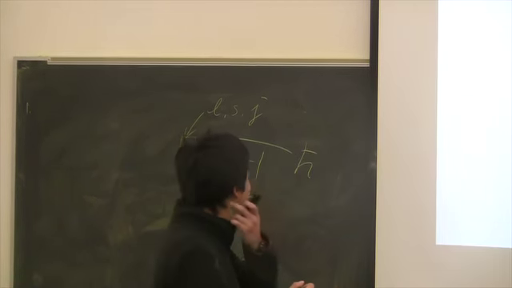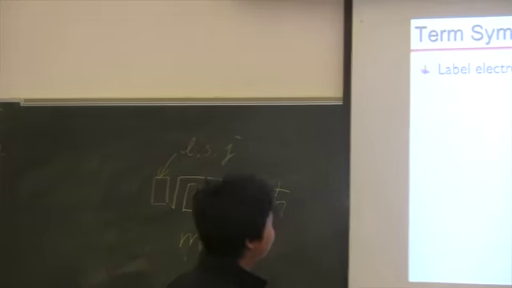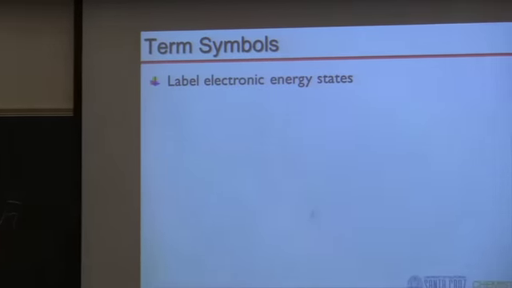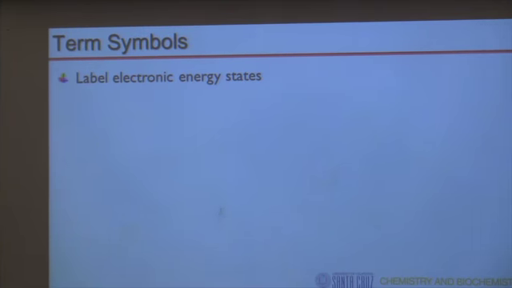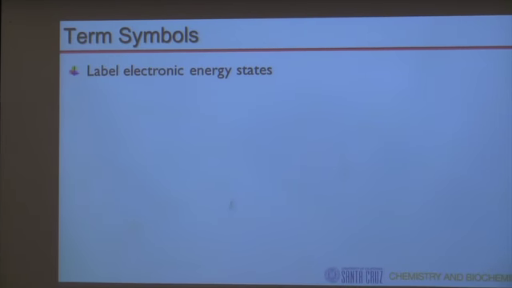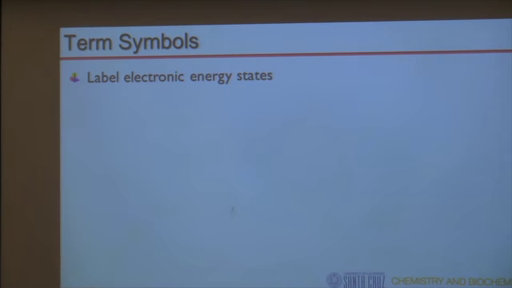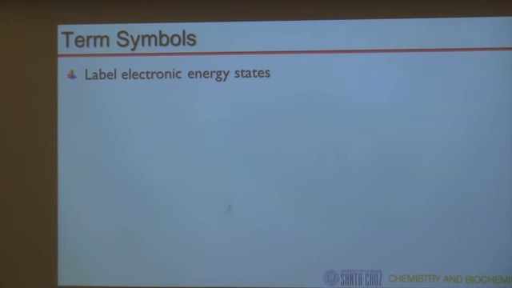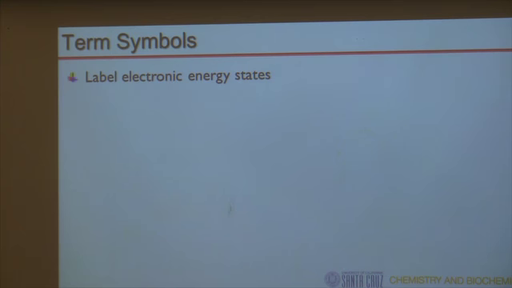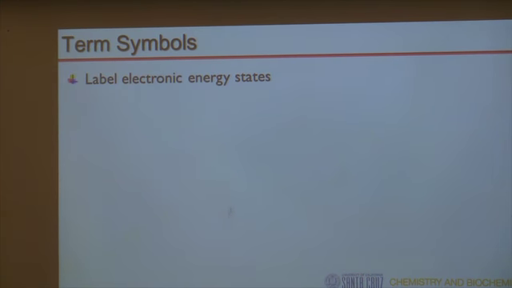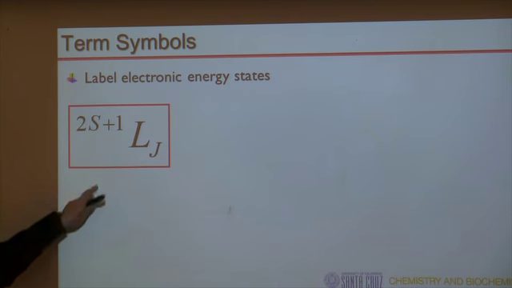All right, so next part, we'll talk about term symbols. Term symbols are used to label the electronic energy states. It's not about vibrational or rotational states, we're talking about electronic. In order to label each electronic energy state, we use the term symbol, which is this one.